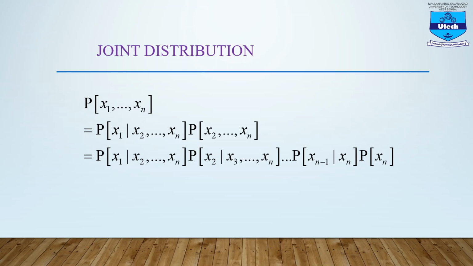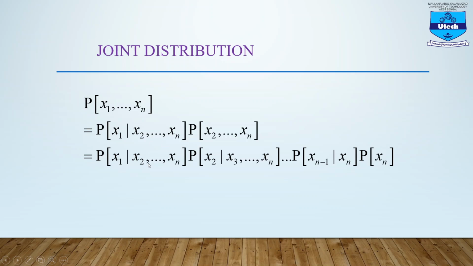So what is the joint distribution? We are trying to find the joint distribution of probability of x1, x2, x3 up to xn. That value will be equal to the probability of x1 given x2 up to xn, multiplied by the joint distribution of x2 up to xn.